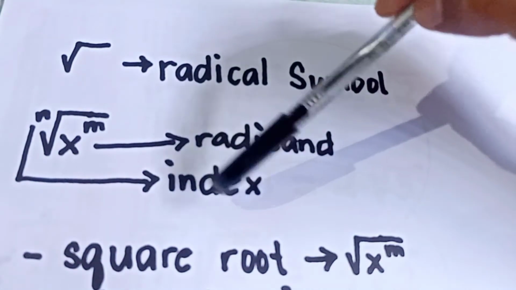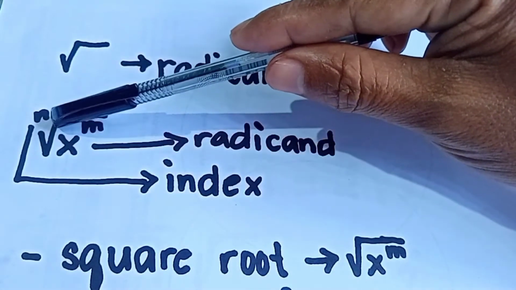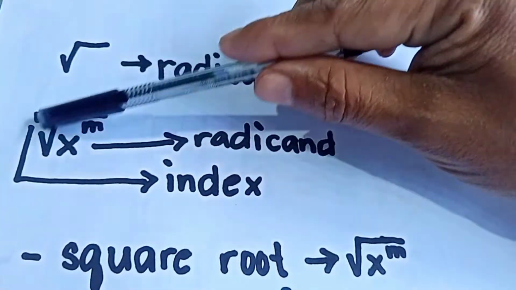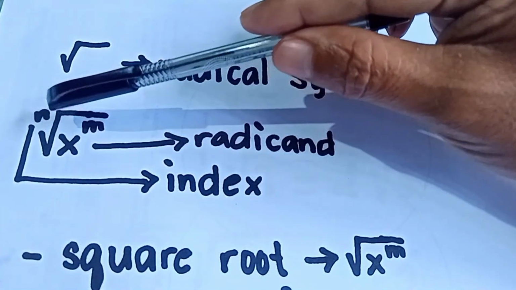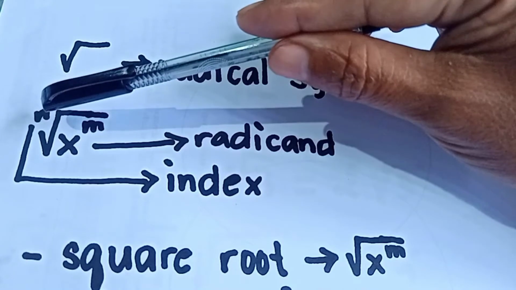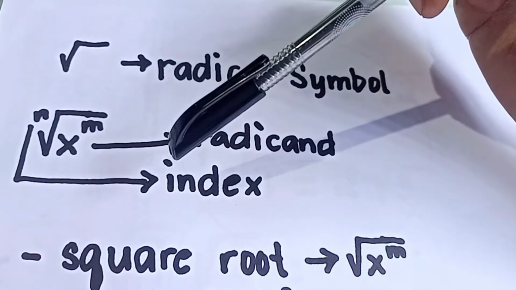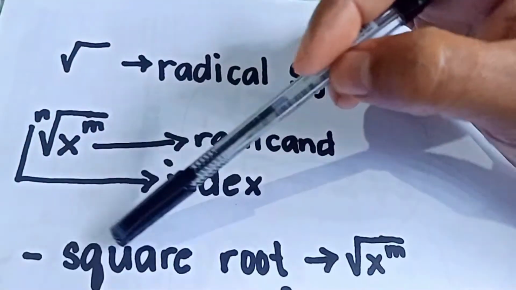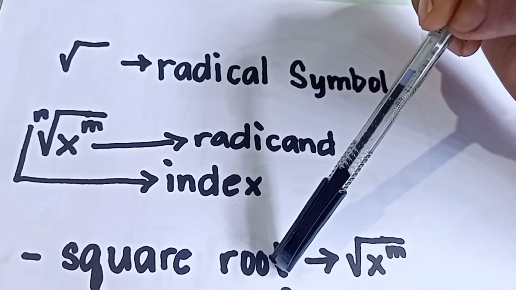And if no index appears in the radical expression, it is understood that the index is 2, and we call that square root.